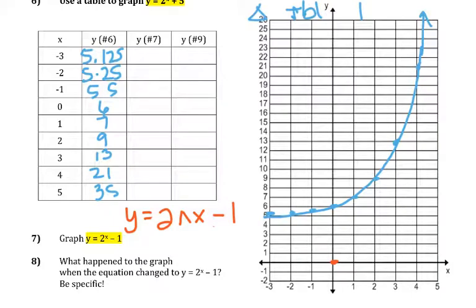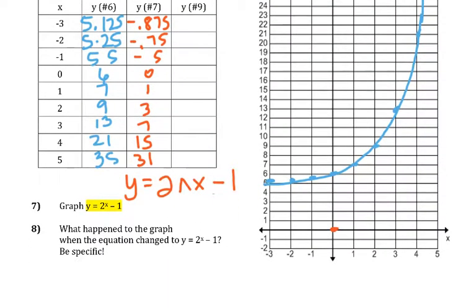So when I do that and I put this in, the numbers we should get are negative 0.875, and then negative 0.75, negative 0.5, 0, 1, 3, 7, 15, and 31. So if you're not getting those numbers, you need to go back and look at how you entered your equation in your y equals menu, because that's probably the issue.